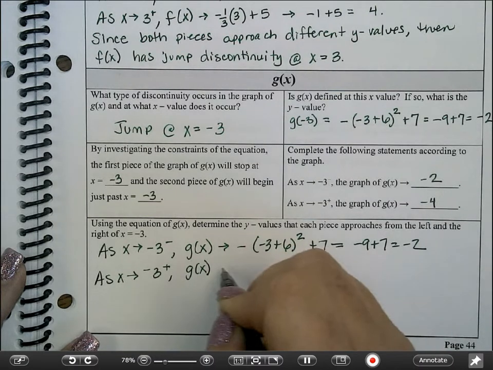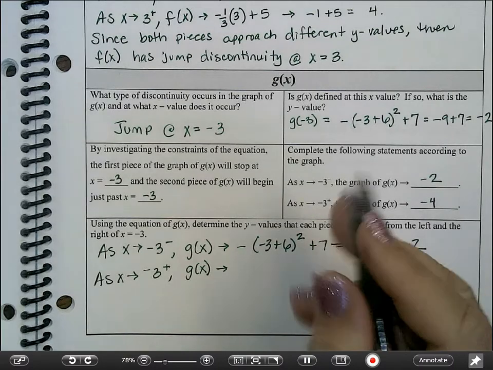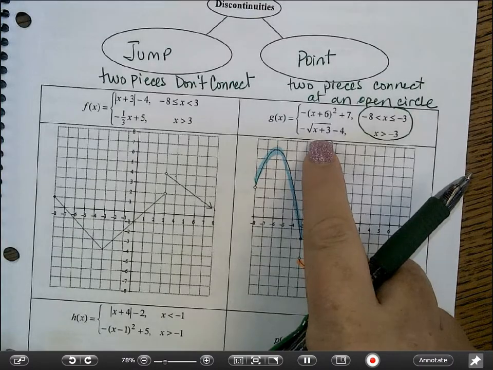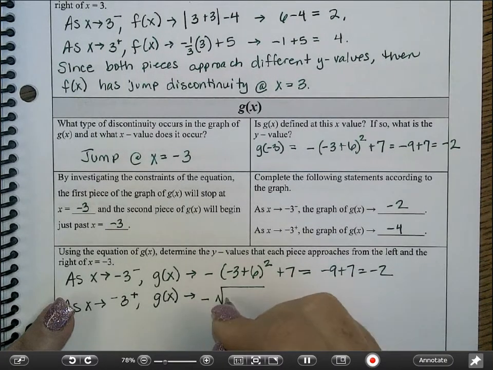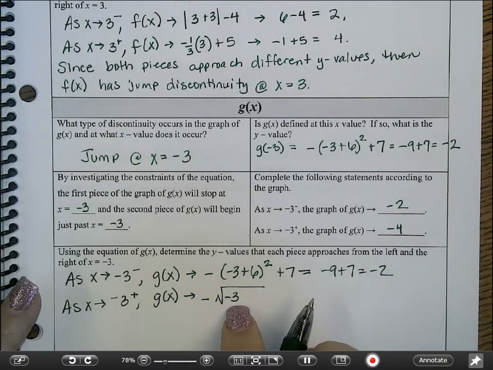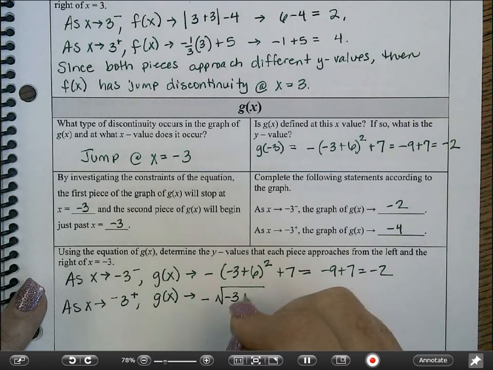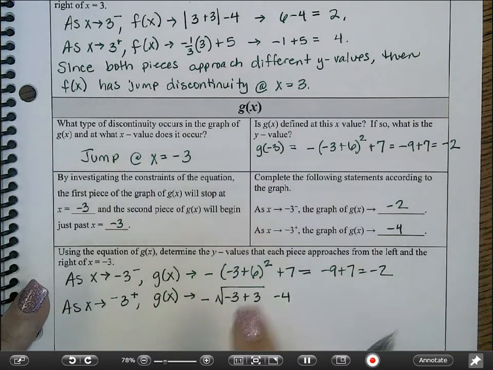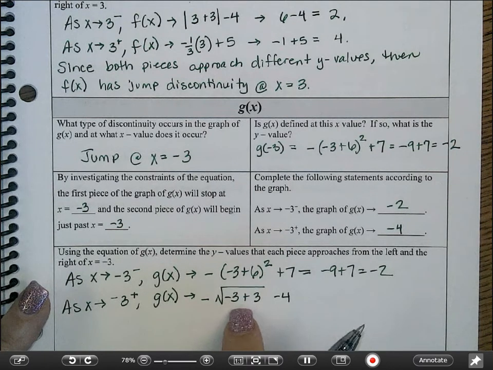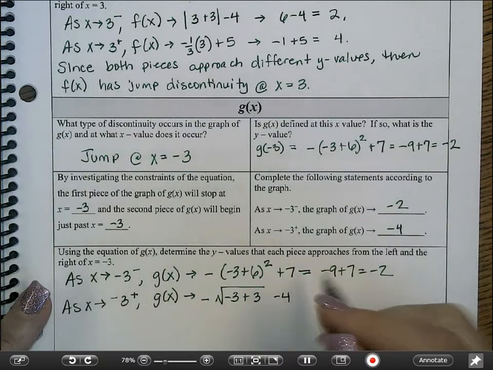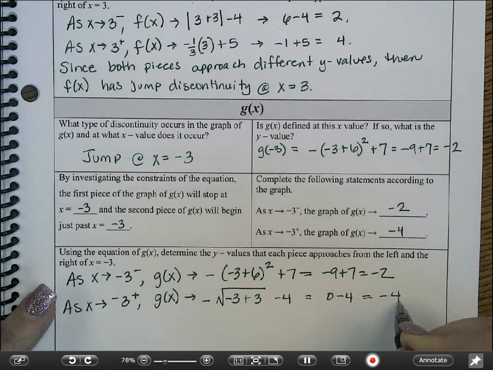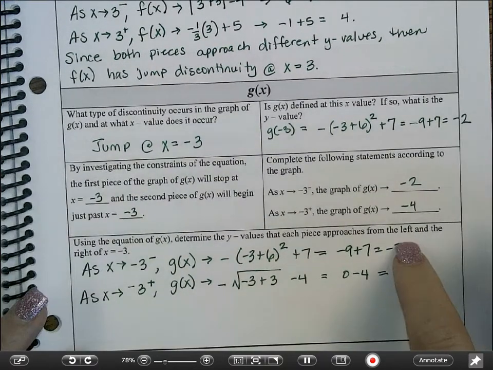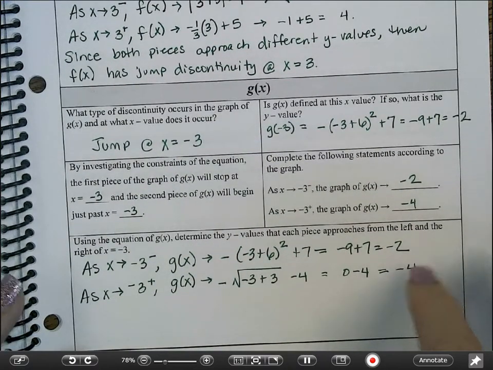The other function was defined as that radical. So negative square root, instead of x, we're replacing x with -3. -3 plus 3 is 0. Square root of 0 is 0. The opposite of 0 is 0. And then 0 minus 4 gives me -4. Okay, they do not have the same y value.